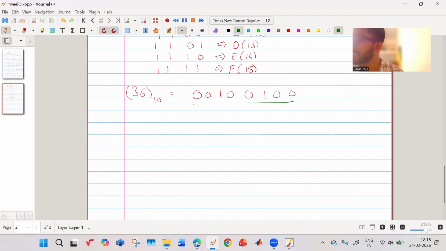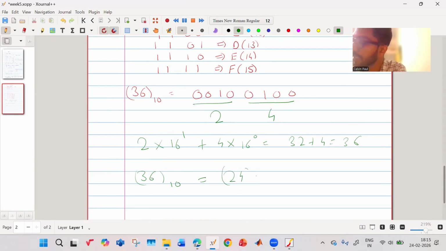We take these 4 bits and these 4 bits. This represents 2 and this represents 4. So this is 2 into 16 raised to 1 plus 4 into 16 raised to 0. That is 32 plus 4, that is again 36. So 36 in hexadecimal format is 24. This is the hexadecimal representation of 36.